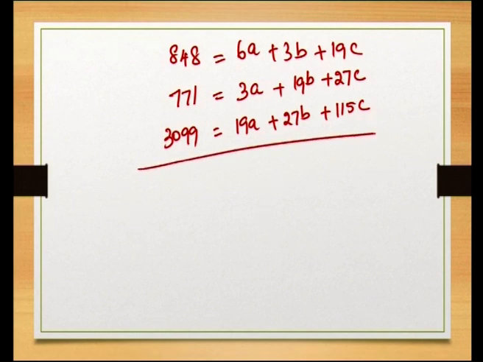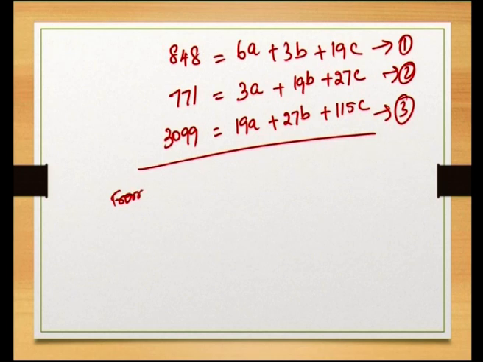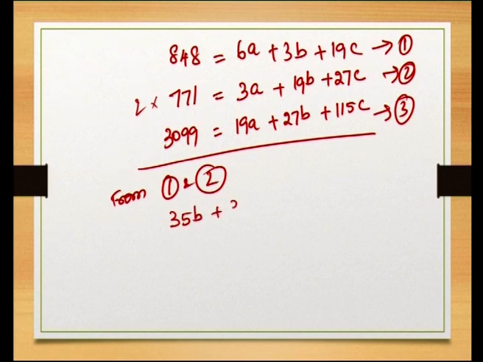Now, how to solve? These are equations 1, 2, then 3. From 1 and 2, multiplying this equation with 2 and then subtracting, we get the corresponding values as 35b plus 35c is equal to 694. Okay.